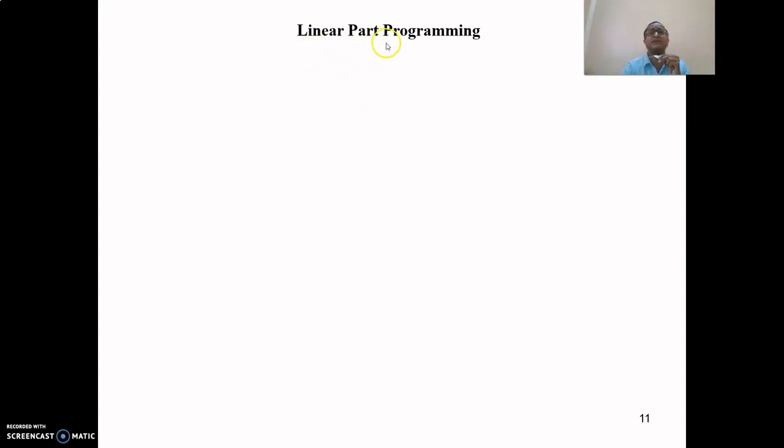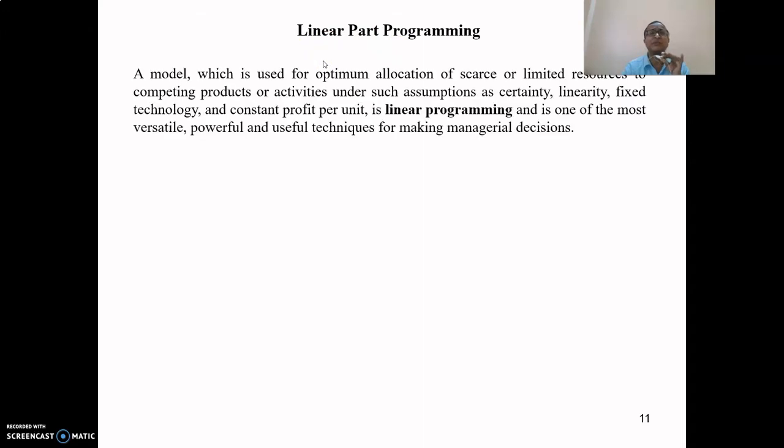Now, in linear programming, there are three terms: linear, program, and programming. Linear programming is a model, a methodological procedure, used for optimum allocation of scarce or limited resources.